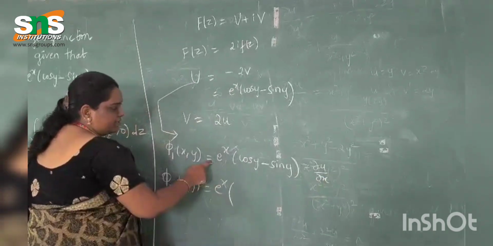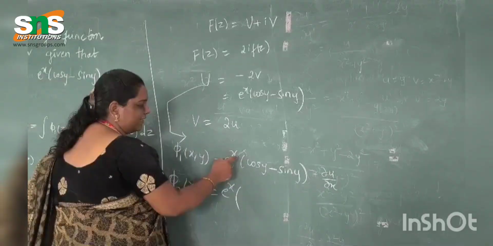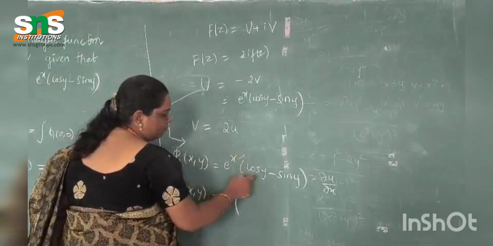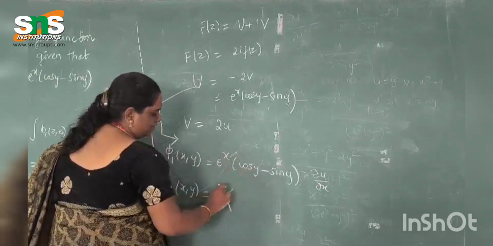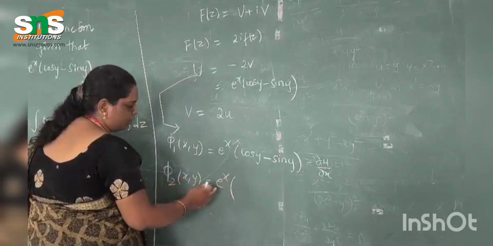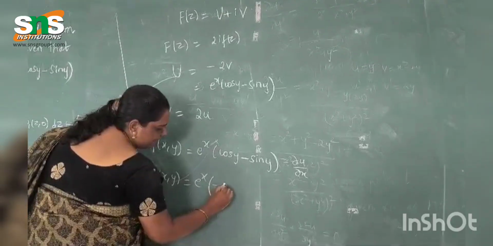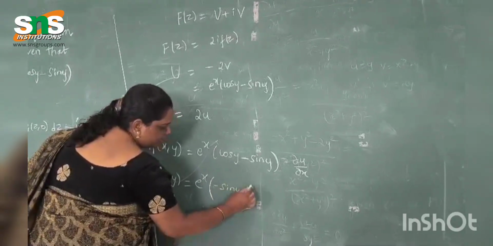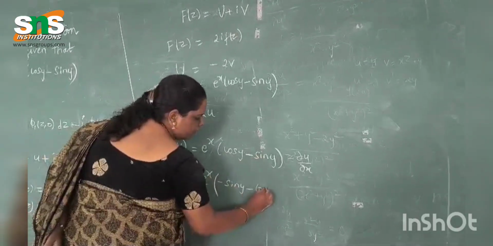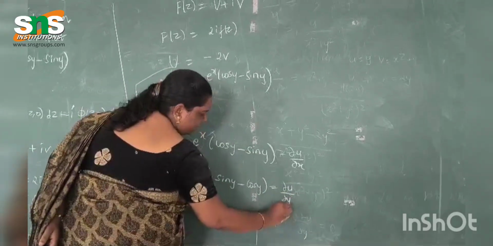Dou u by dou x is e power x as the x term, so we get e power x as it is into cos y minus sin y. Then phi 2 of x comma y: we differentiate with respect to y, which is dou u by dou y. So differentiating e power x cos y, we get minus sin y, and for sin y we get cos y, no sign change. That is nothing but dou u by dou y.